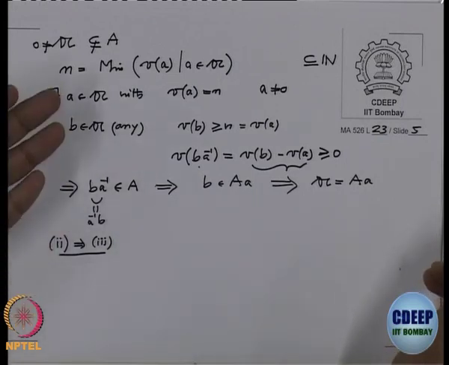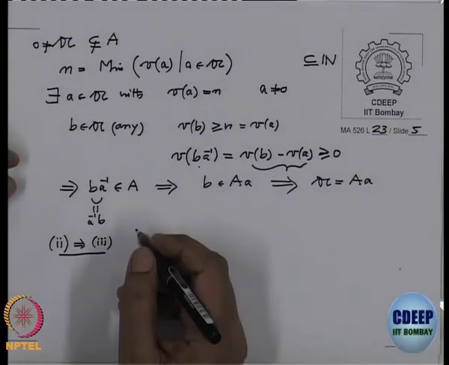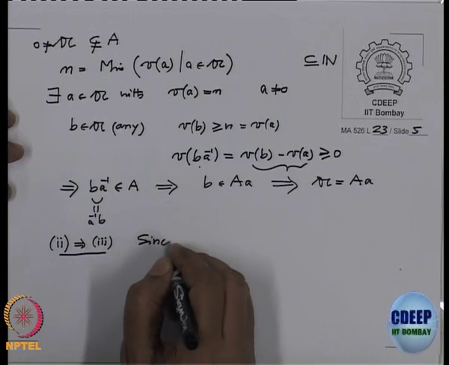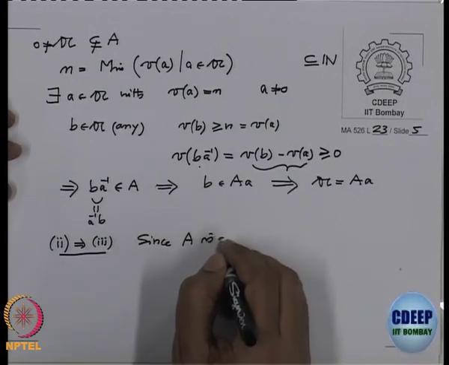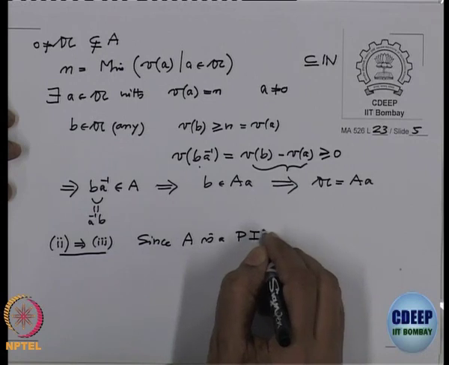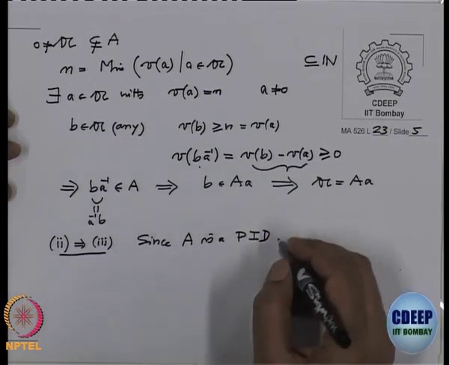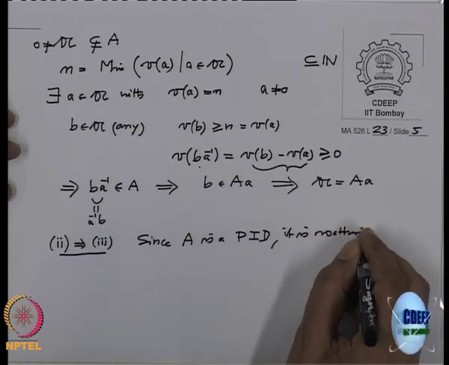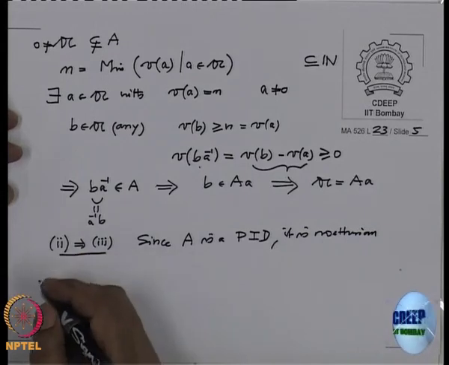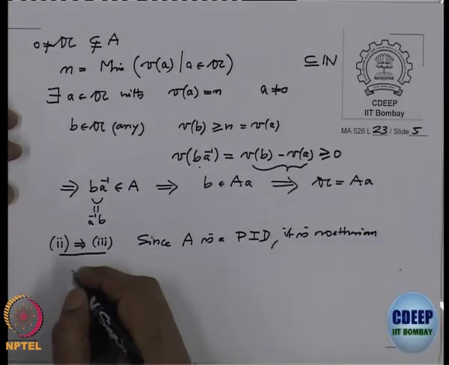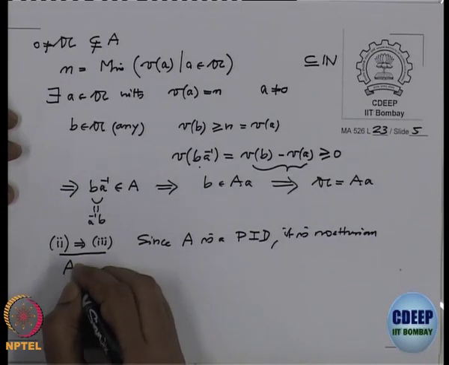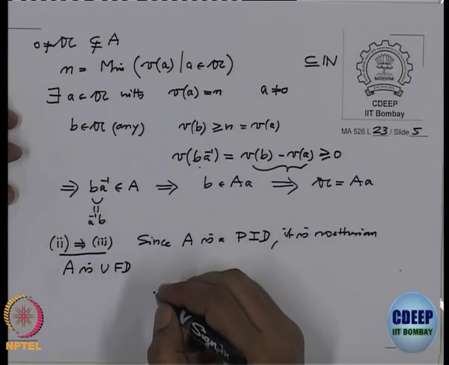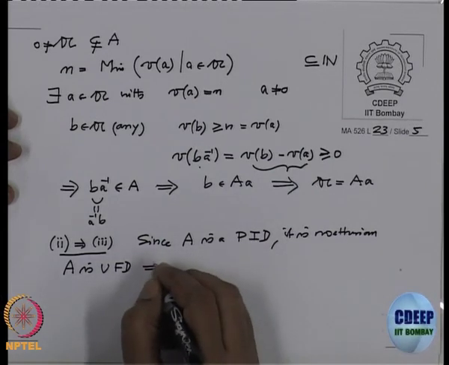Actually we will show that it is a UFD. Okay. Since A is a PID that is given in 2, it is Noetherian, and A is UFD, because PIDs are UFDs and UFDs are normal, we have already proved.